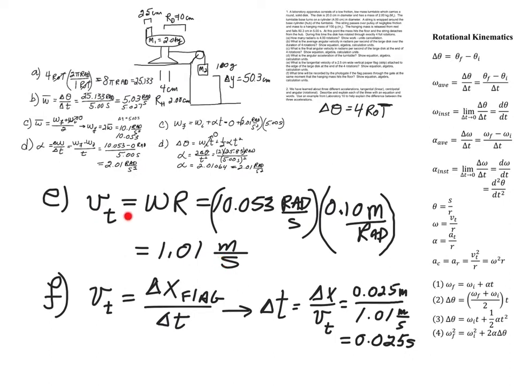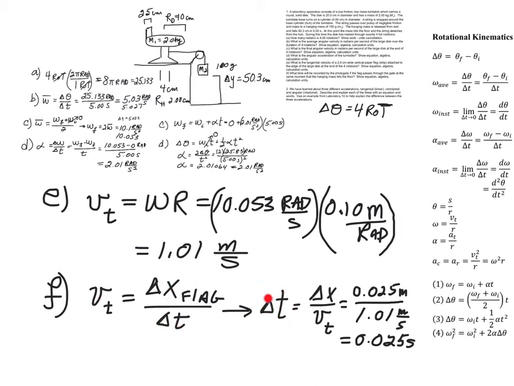And since we know the final tangential velocity, we can use this equation, right? Velocity equals the distance over the time to get the time. So the tangential velocity, that's how, if we were measuring it with the photo gate, we'd take the flag width divided by the time to get the velocity.